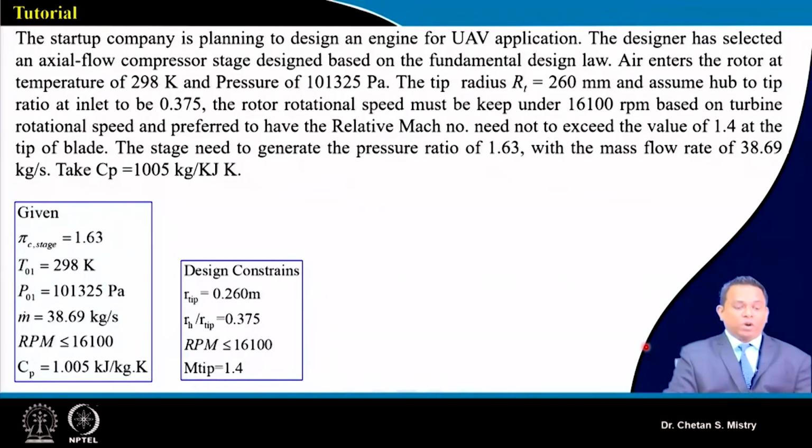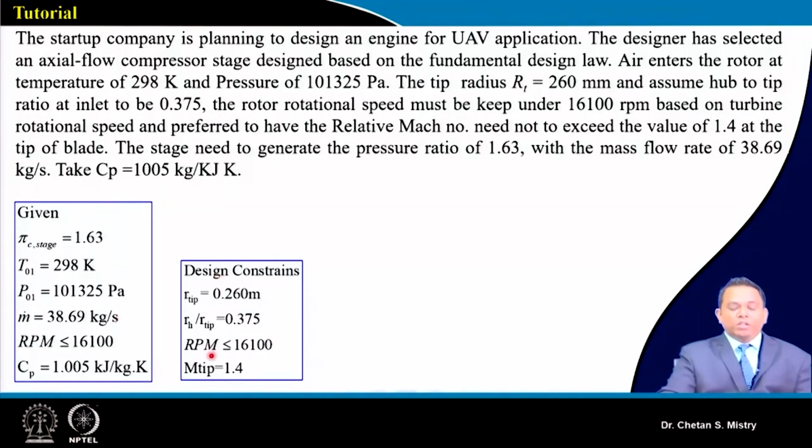Now, in this case, what is given to us is that we are looking for a compressor to be designed with a pressure ratio of 1.63, and our temperature and pressure are given. Our rotational speed is given as a constraint: we should not increase our rotational speed beyond 16,100.